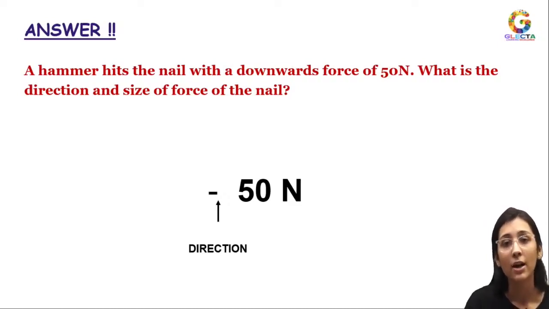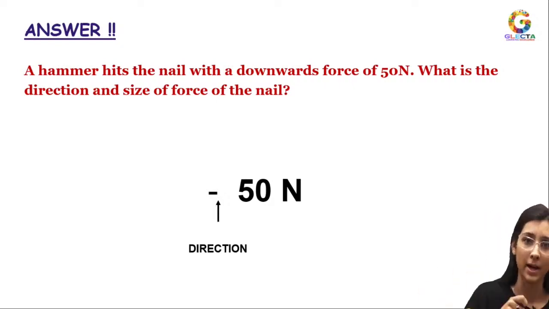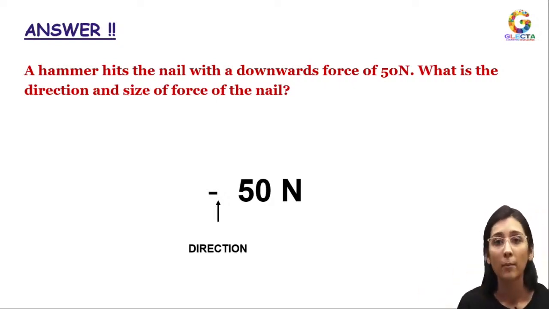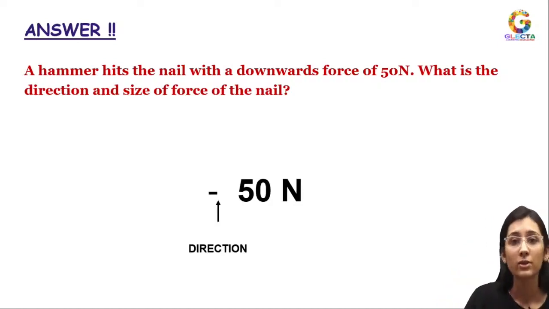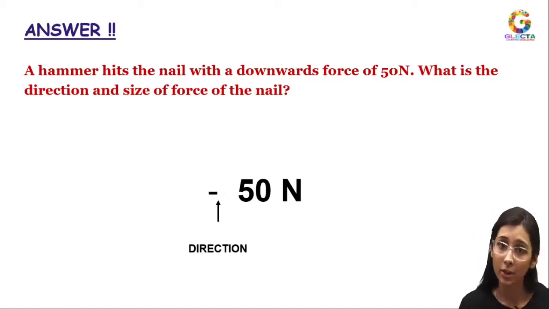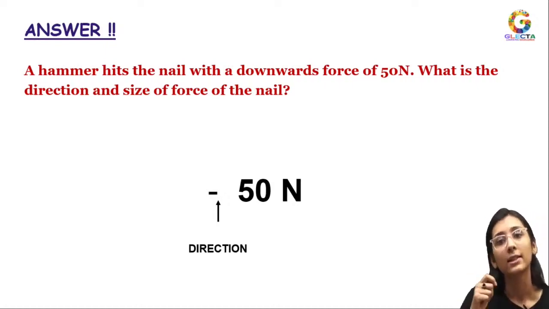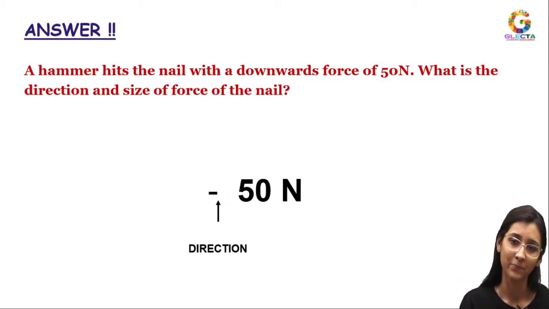And the direction is opposite. Opposite of what? Of the direction in which the hammer applied the force. So if the hammer applied it downwards, the force experienced by the hammer is upwards, and that is why it's negative. And how much? That's 50 Newton. Why 50 Newton? Because that was the same amount of force the hammer applied on the nail.